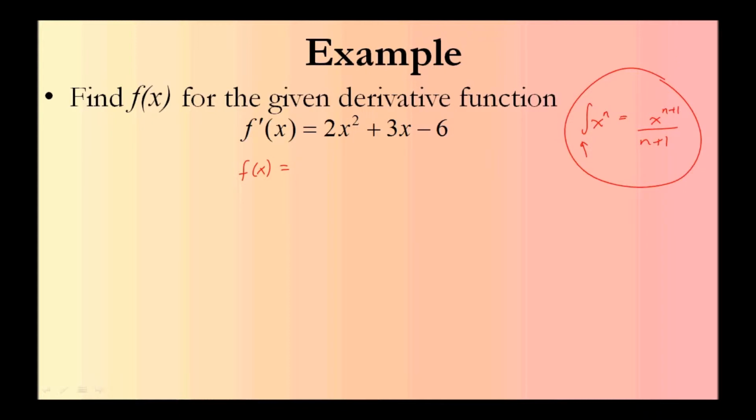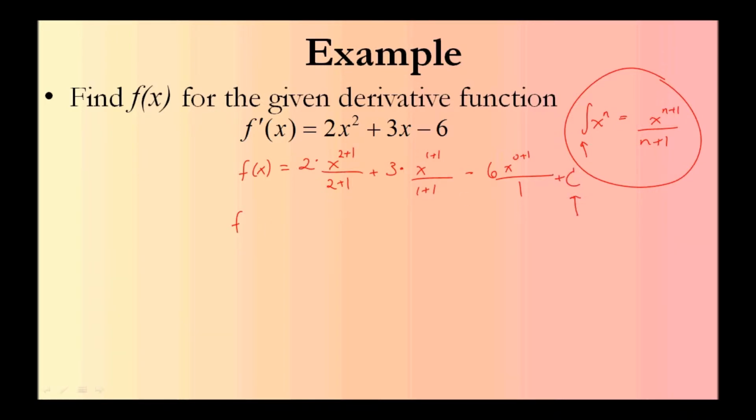So utilizing this, we'll keep the constant in front. And x squared, so x to the 2 plus 1 divided by 2 plus 1, plus the constant times x to the 1 plus 1 divided by 1 plus 1, minus 6 x to the 0 plus 1 divided by 1, plus c.